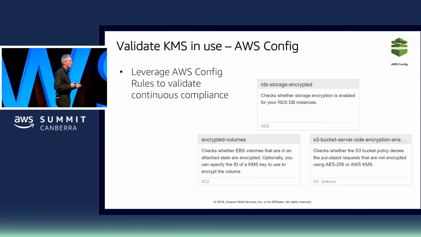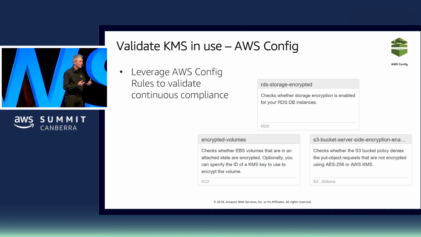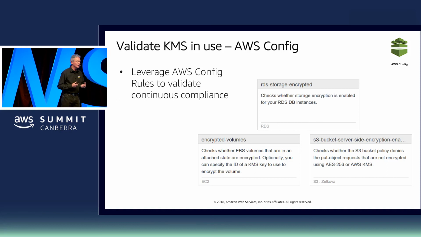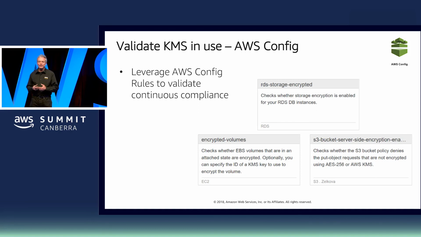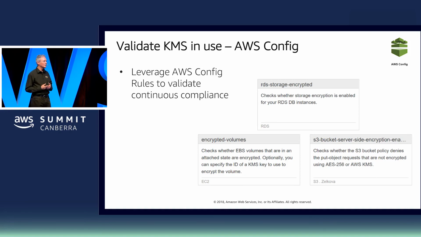And so we've got a number of built-in rules here, including the ones I've put on the slide here that are relevant in this space. So we can enable a rule to say, if my RDS databases are not encrypted, trigger an alarm. If my EBS volumes are not encrypted, trigger an alarm. If my S3 bucket's not encrypted at rest, trigger an alarm.